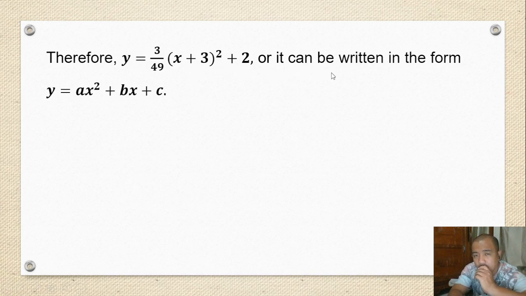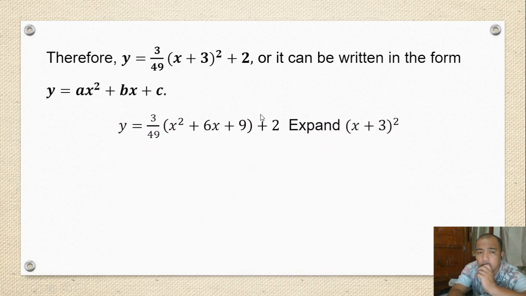Or, if it's asked to rewrite this in the standard form of the quadratic function, then what will we do? Just square x plus 3: x squared plus 6x plus 9.